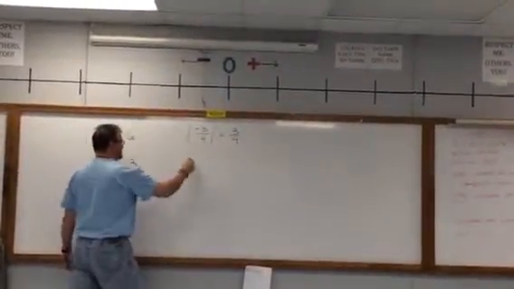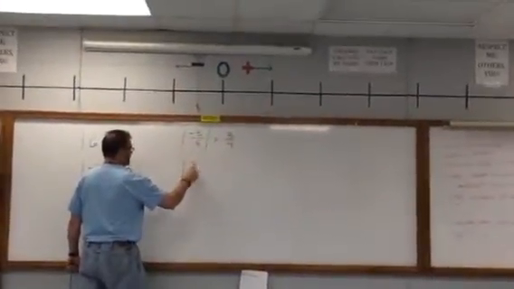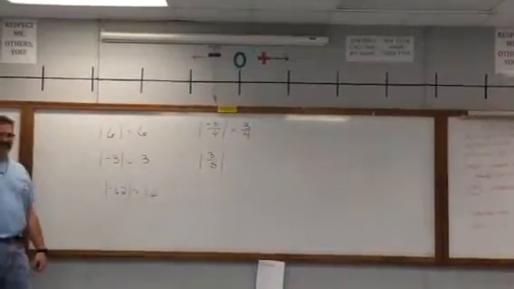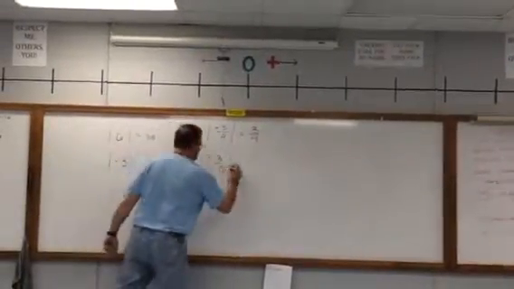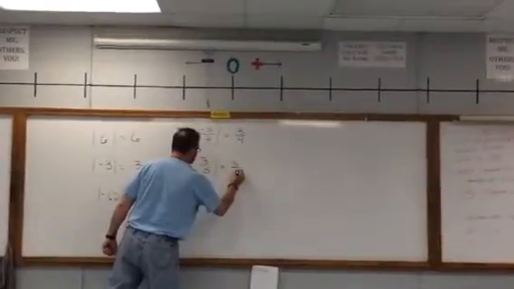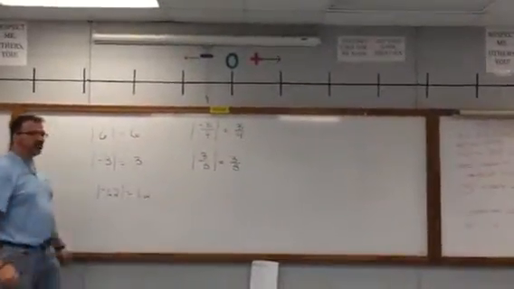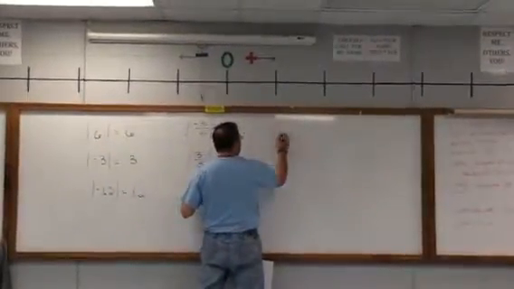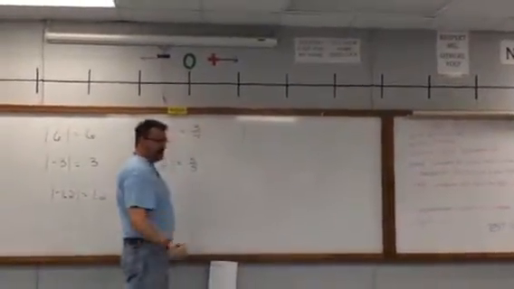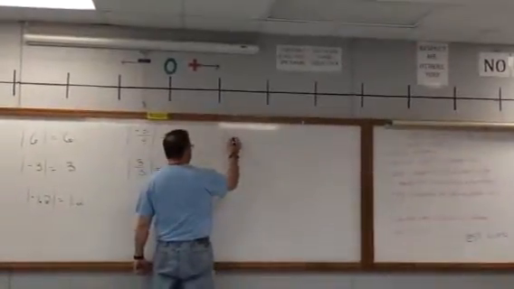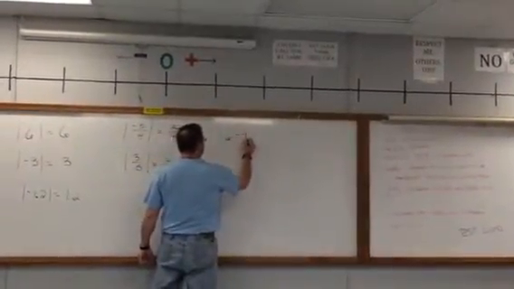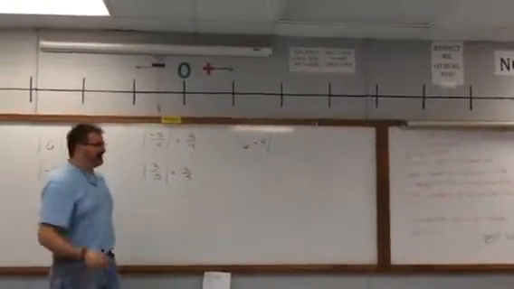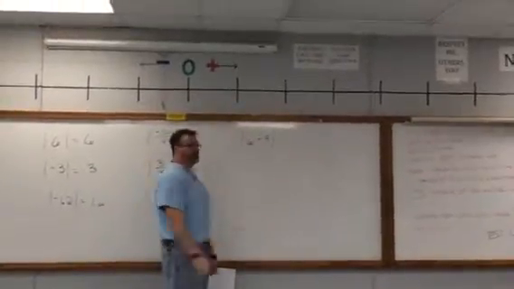But again, remember that if it's already positive inside the absolute value, it stays positive. Okay? The only other thing you need to worry about is that before you do absolute value, you have to have a single number in there.